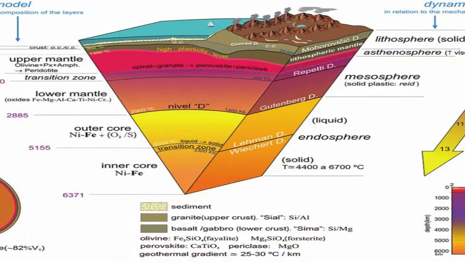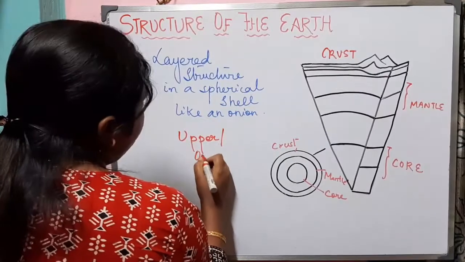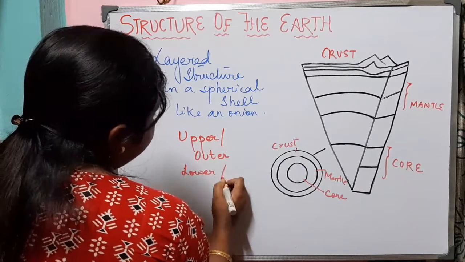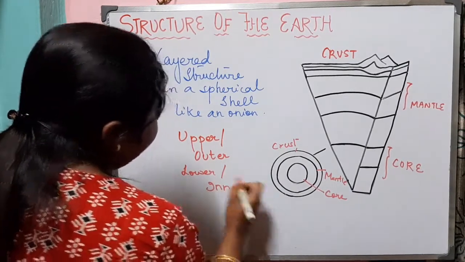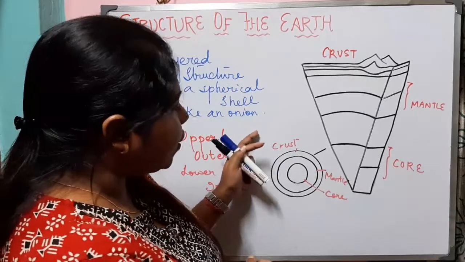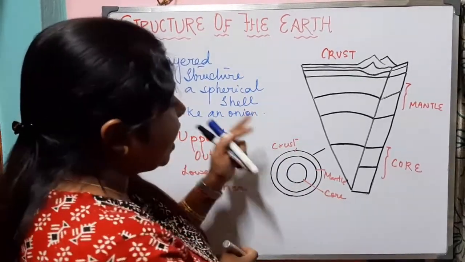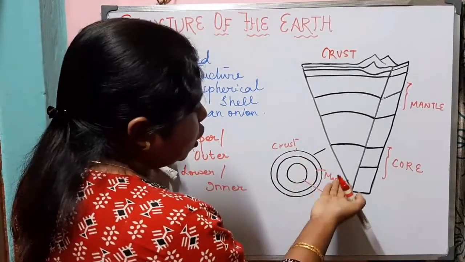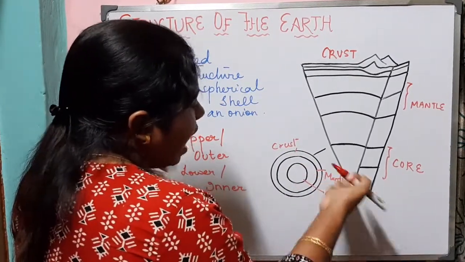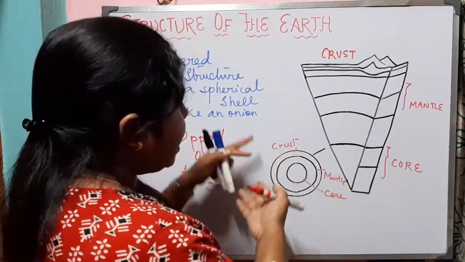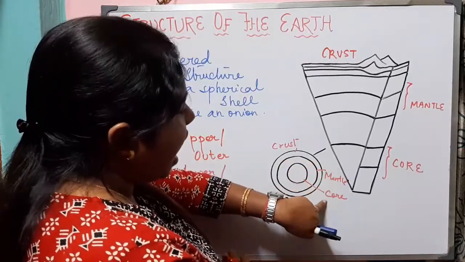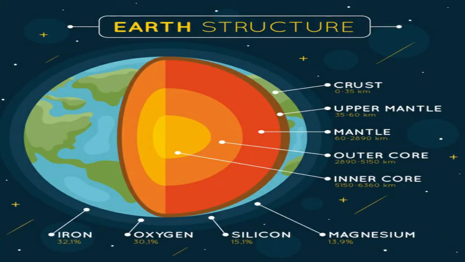Now in this video we will use the words upper or outer, lower or inner. These layers, the crust, mantle and core, are again subdivided into upper crust, lower crust, upper mantle, lower mantle, upper core and lower core. Or we can say outer crust, outer mantle, inner mantle, outer core and inner core.